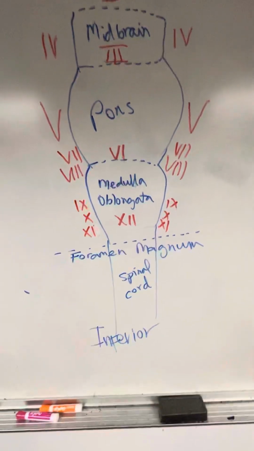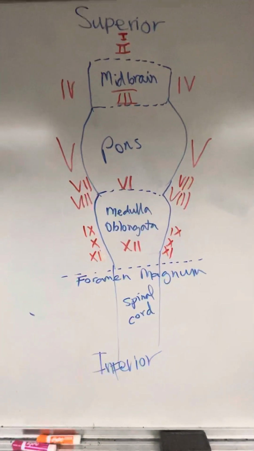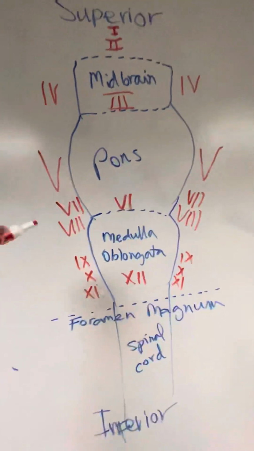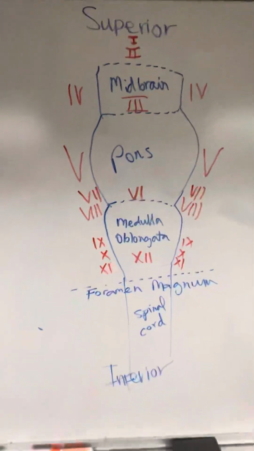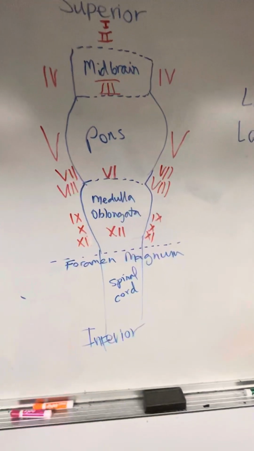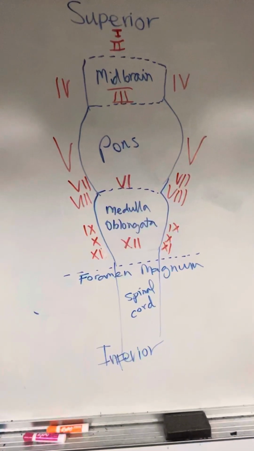Okay? Which is located on the lateral side of the medulla oblongata. So we got 1, 2, 3, 4, 5, 6, 7, 8, 9, 10, 11, 12. So hopefully this helps you remember where specifically in the brainstem these cranial nerves will arise from.